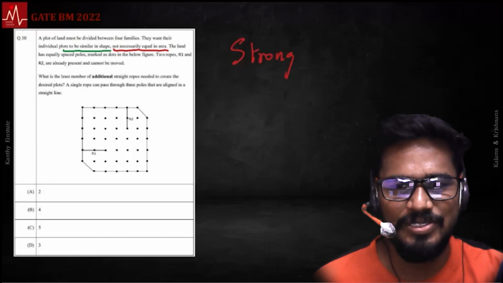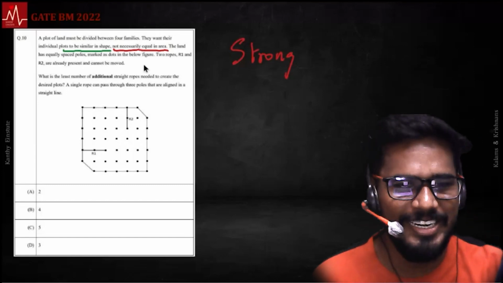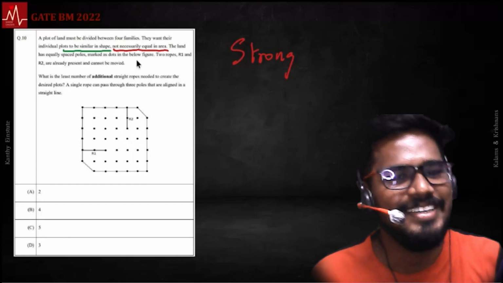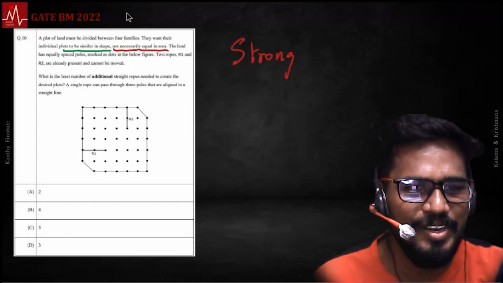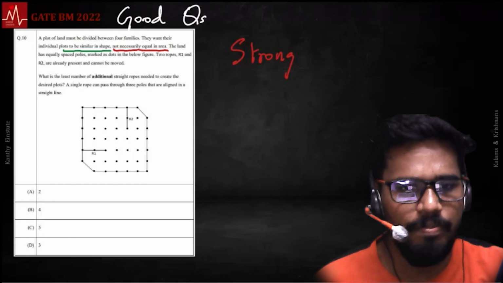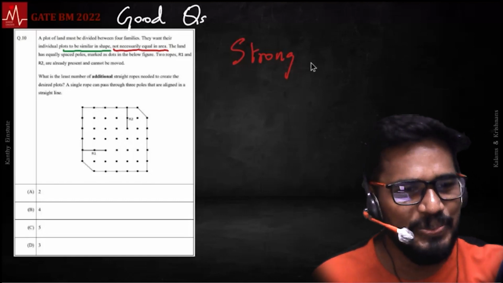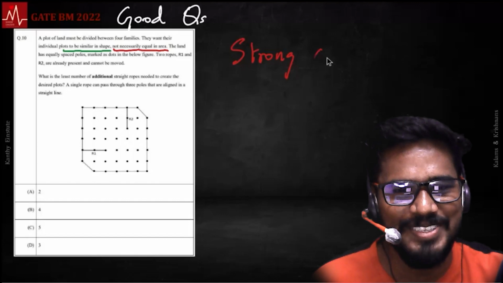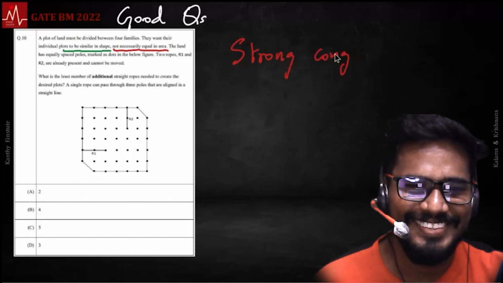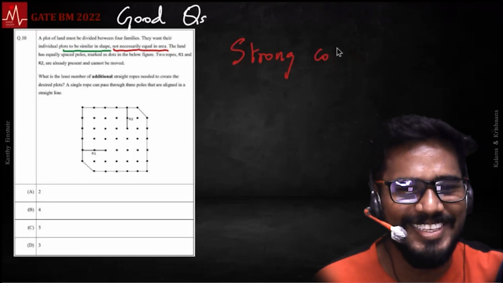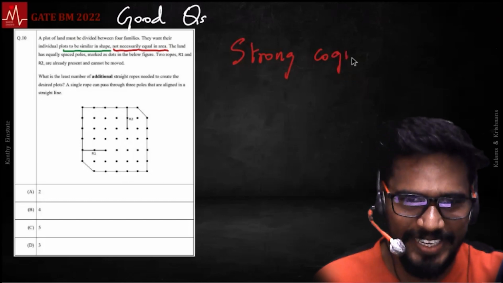Actually, I would say this is one of the best questions. It was actually deliberate. There is a bias here. Deliberately, they asked this question. This is actually a very good question. There is a strong cognitive bias for equal splits, from cakes to plots to whatever it is. Strong cognitive bias. This is very strong. There is an urge to split things equally, and to go against that urge.